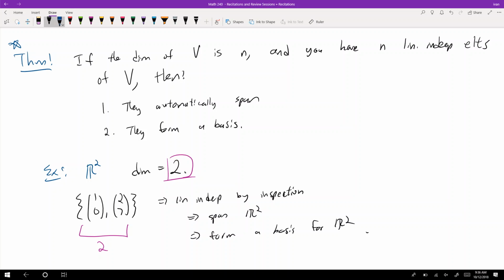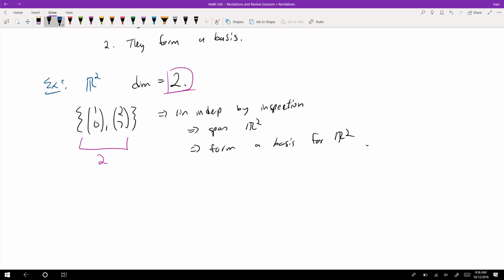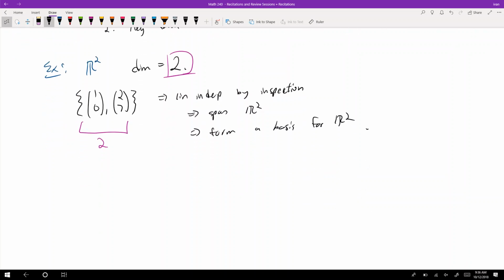Last thing, before we get on to some examples, is the following. This is just a note, but the dimension of a subspace is going to be less than or equal to the dimension of the vector space containing it.